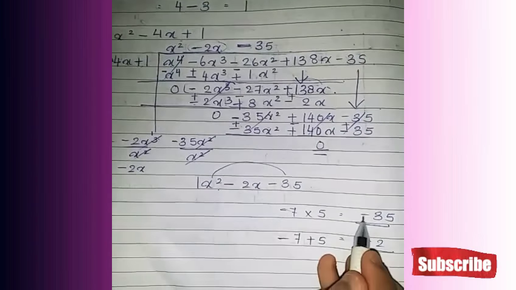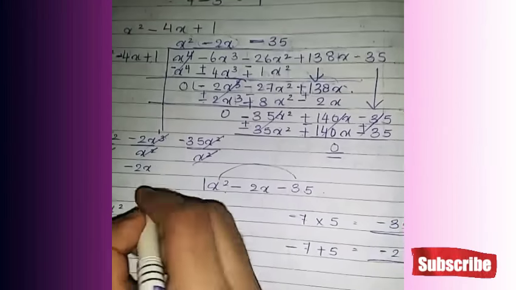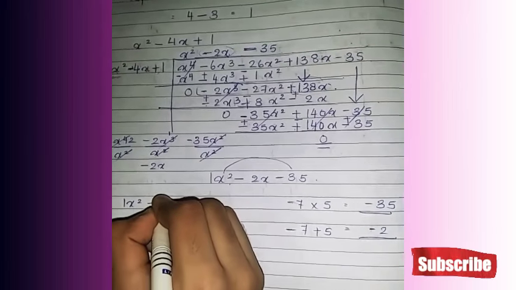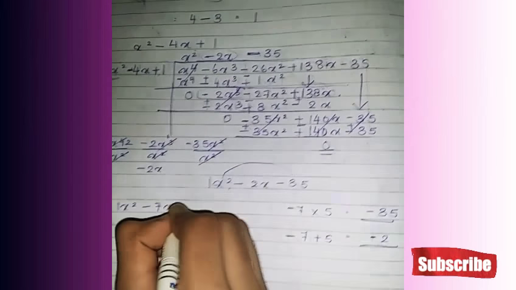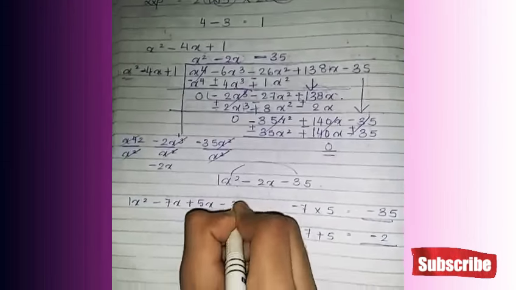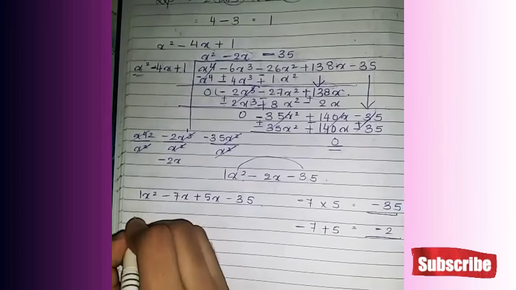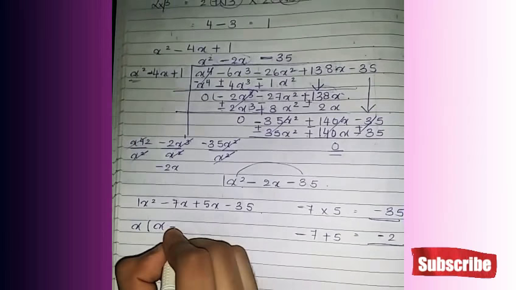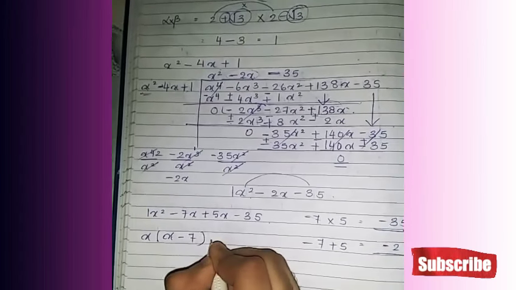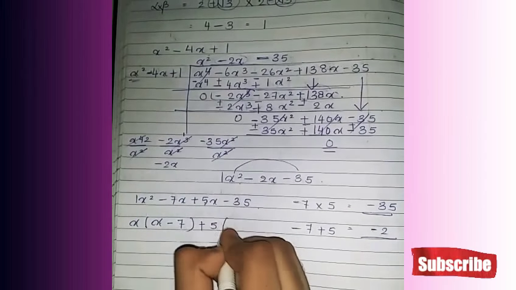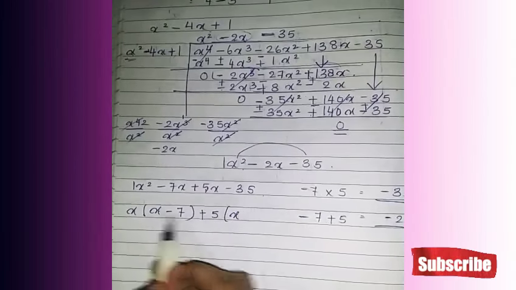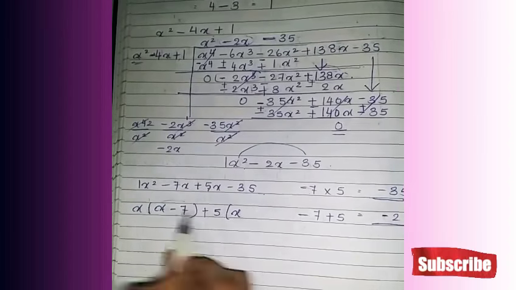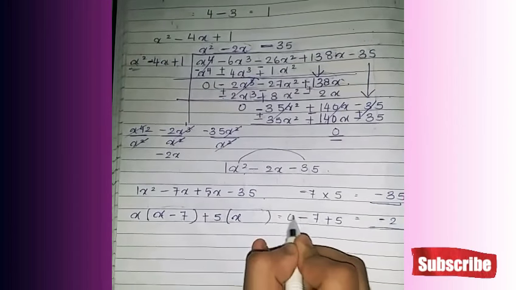Now x square minus 7x plus 5x minus 35, x into x minus 7 plus 5 and 35 is common in 5's table, so make sure that here this and this you get the same, so you got here x.